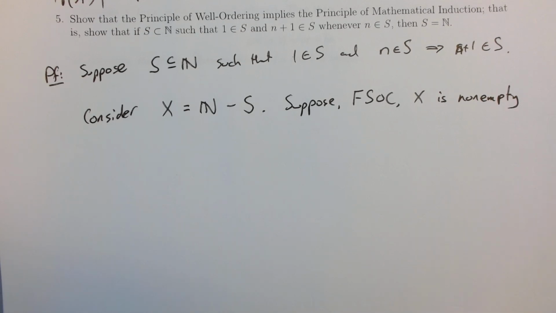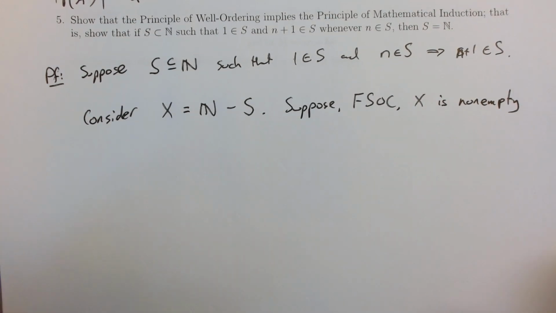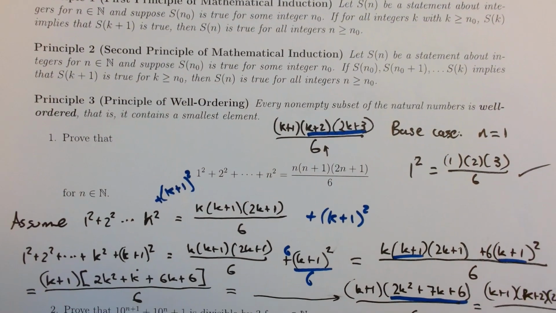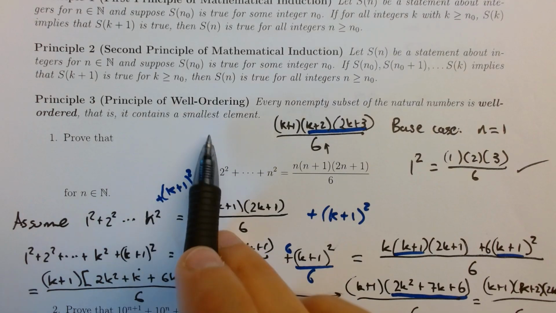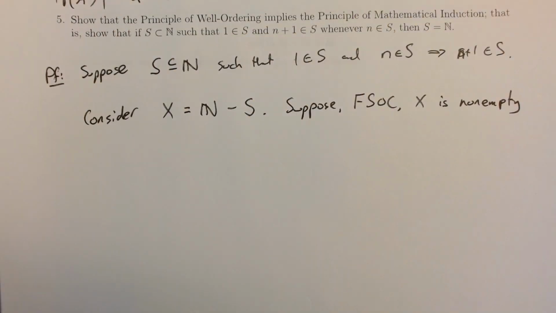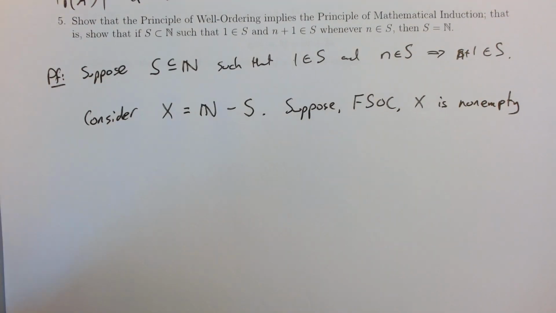So we have a non-empty set of natural numbers, and we know a non-empty subset of the natural numbers is well ordered, so it has the smallest element. That's the whole reason we have this setup, so that we can give ourselves a non-empty set and know it has the smallest element.